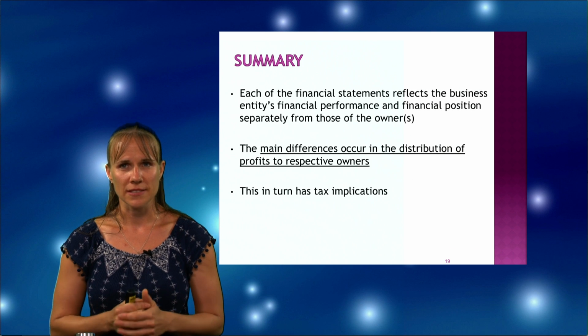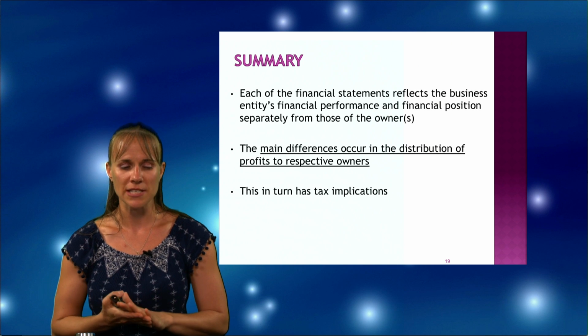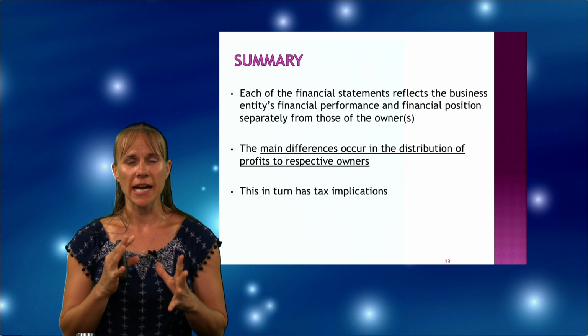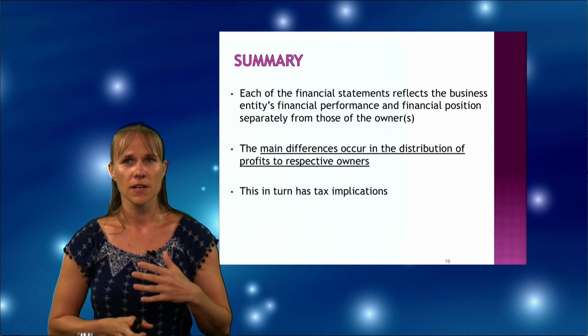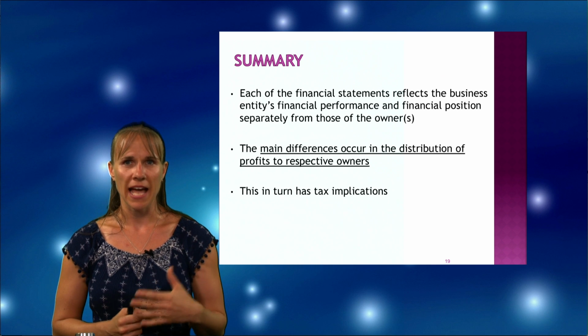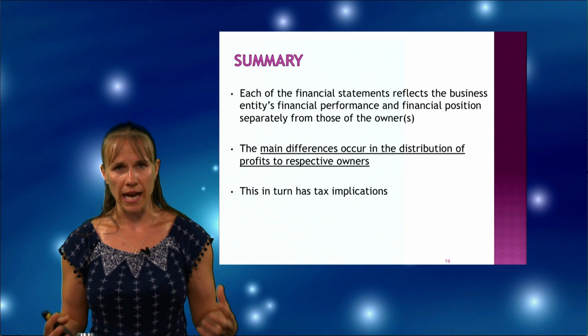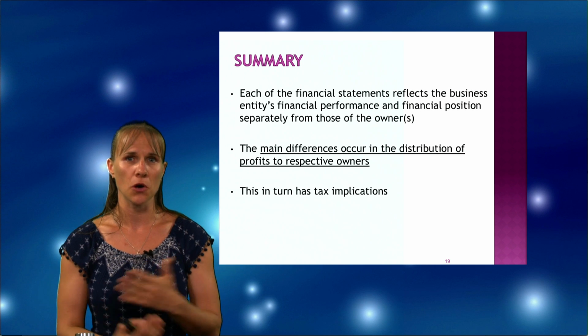So just to summarise where we're at, or actually no, we'll be summarising topic 2. Each of the financial statements reflects the business's financial position and financial performance separately from those of the owner. It's critical that they are kept completely separate, except where you have got overlap.